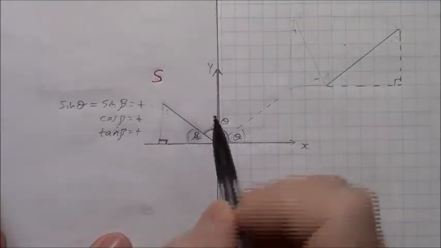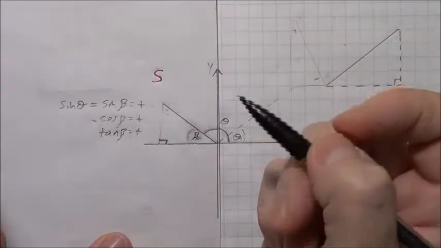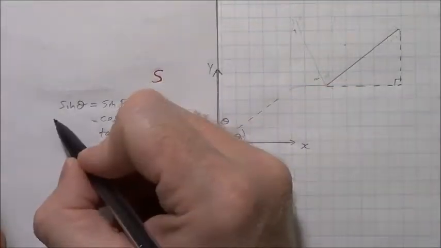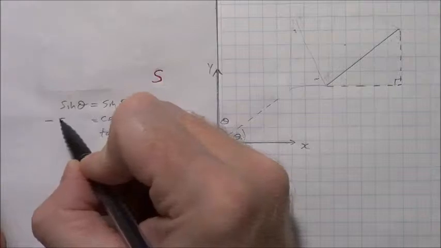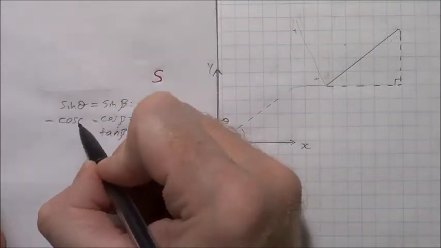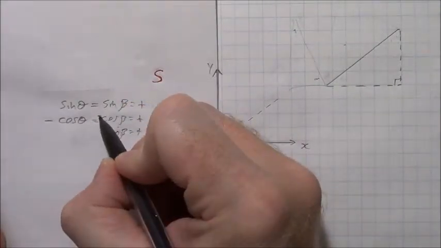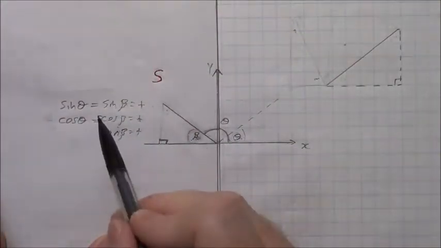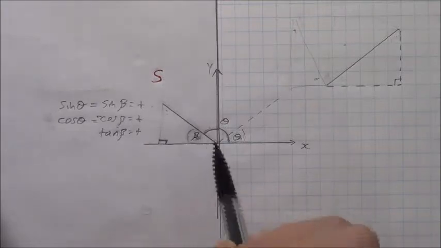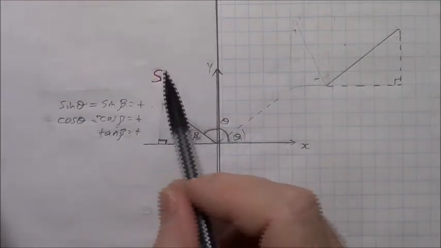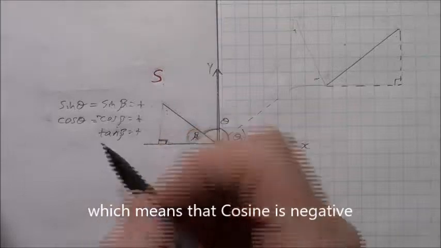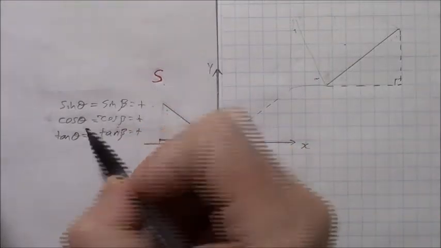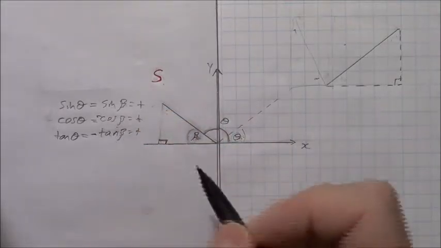Cosine beta, related to this theta angle, is now actually going to be negative. So cosine theta is going to be negative of cosine beta. Okay, so we stick on the negative because the terminal arm's in the second quadrant where only sine is positive. And then for the tangent, tangent of theta is going to be the negative of tangent beta.